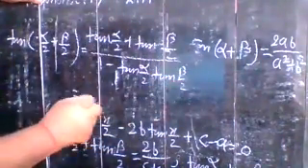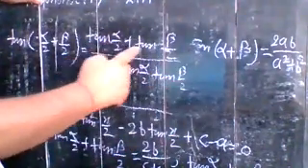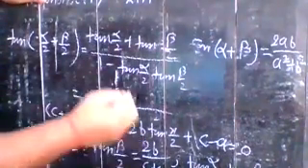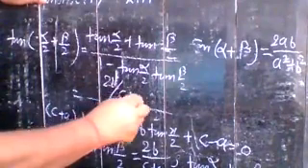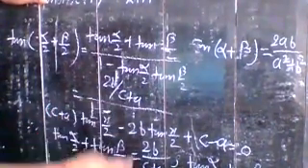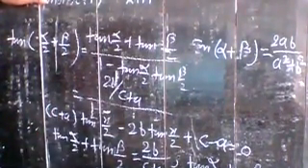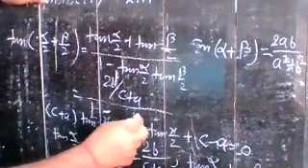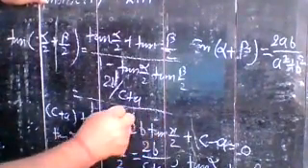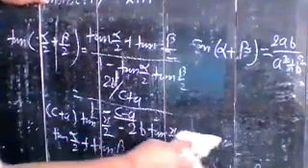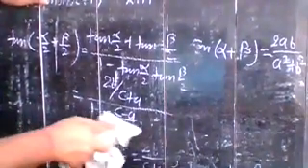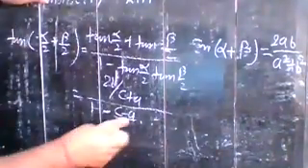Now putting its value, so the sum of the roots is equal to 2b upon c plus a. So write it here, and 1 minus product of roots, which is c minus a upon c plus a. So write in denominator c minus a upon c plus a.